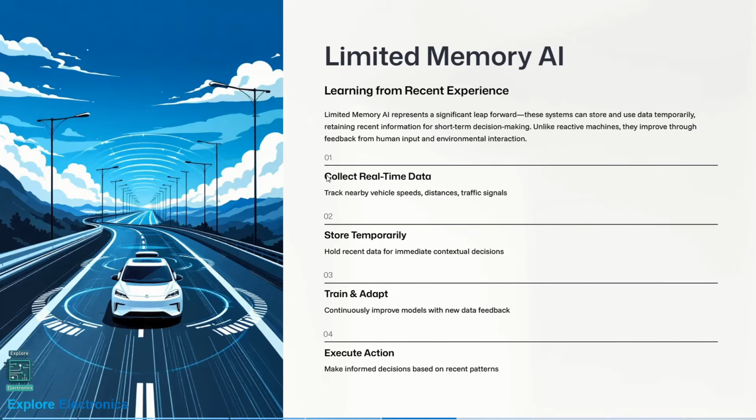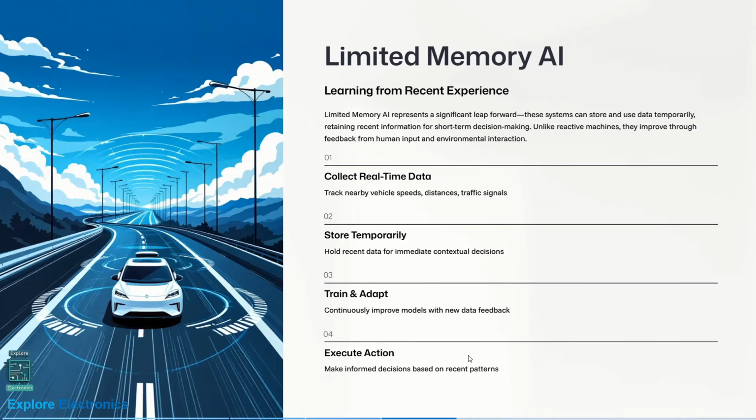So here the points are: it will collect real-time data, tracking nearby vehicle speeds, distances, traffic signals and the like. It can store temporarily, holding recent data for immediate decisions. It can train and adapt, continuously improving models through new data feedback, and execute actions, making informed decisions based on the recent patterns it gets.